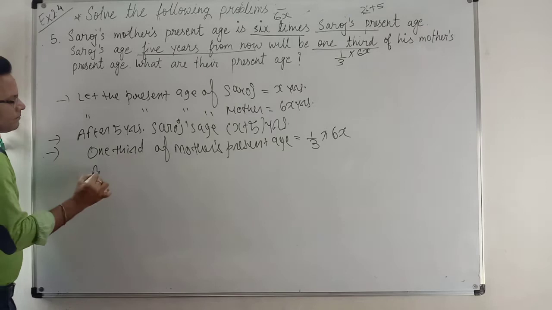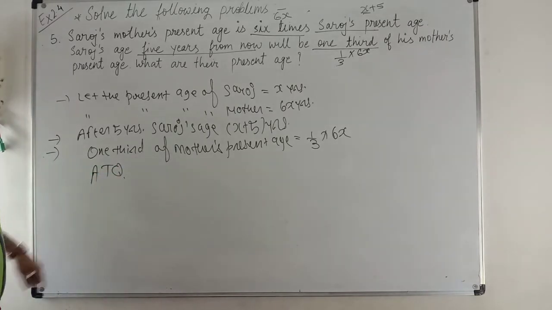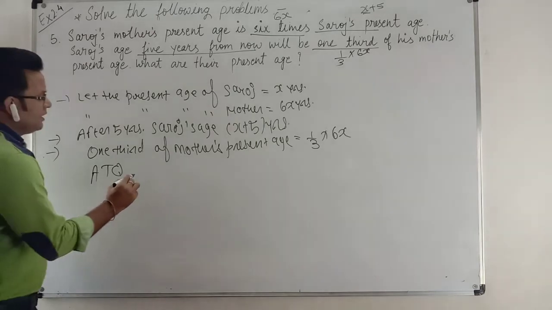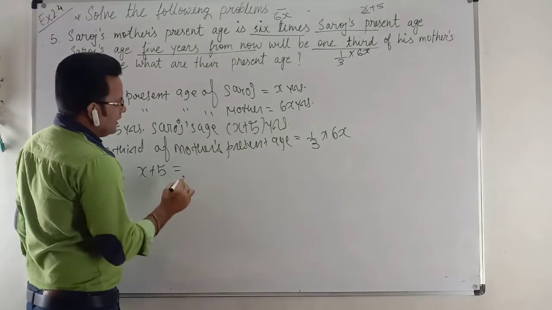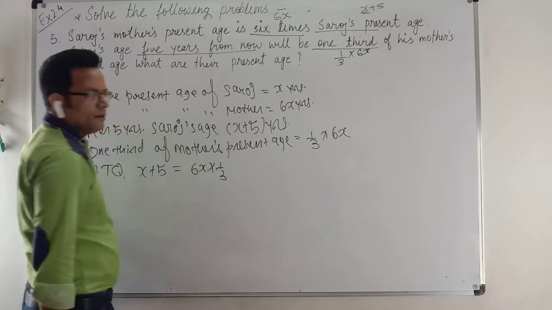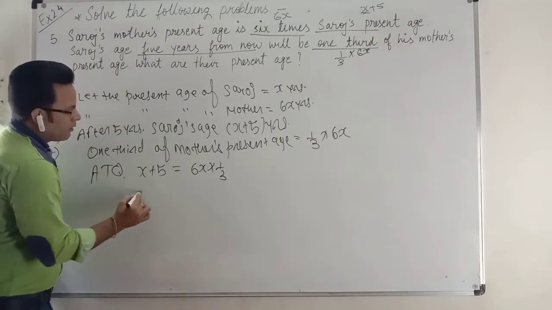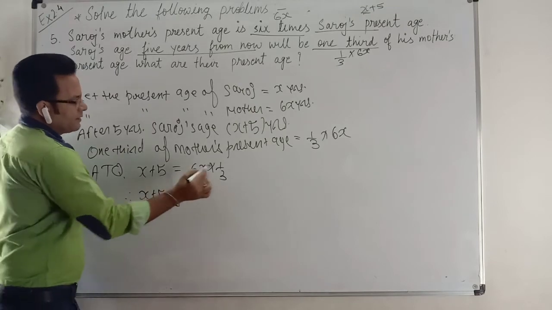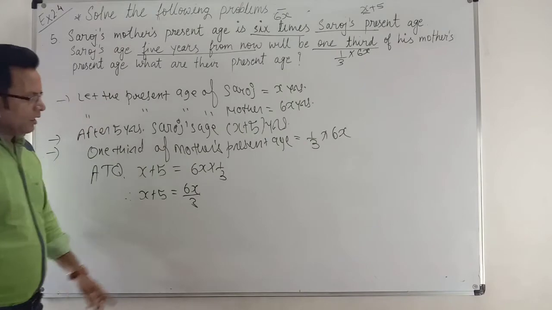Now, according to the question, you have to understand: x plus 5 is equal to 6x into 1/3. Okay? Therefore, x plus 5 is equal to 6x upon 3.